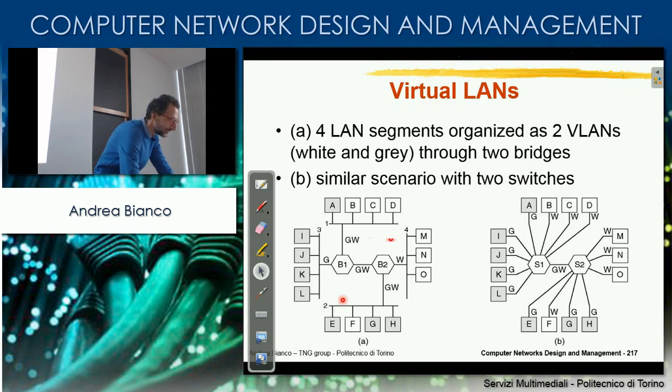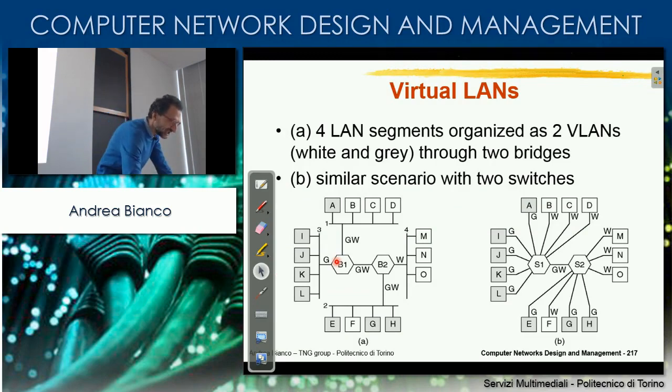You see the white LAN is only going to cover 3 LANs, 1, 4, and 2. You are not going to forward a broadcast white packet here. If instead you have distributed these gray and white nodes so that at least one of both is present in every LAN, any broadcast packet will be forwarded on every LAN segment by definition. So you will not gain anything in this case.